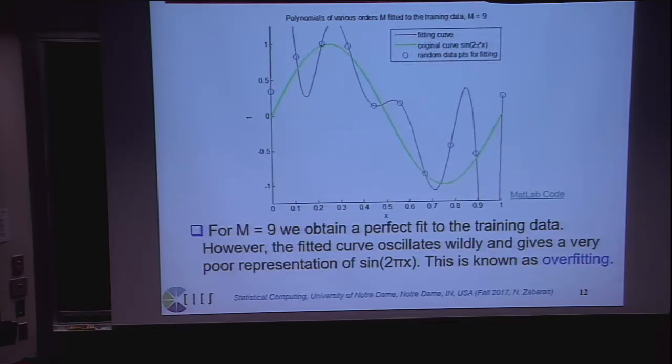And if you fit with something of the order 9, you do 0 error in your training data set. So basically this curve passes through every training point, but obviously you overfit, and if you try to do predictions, they're going to be very lousy. Okay?